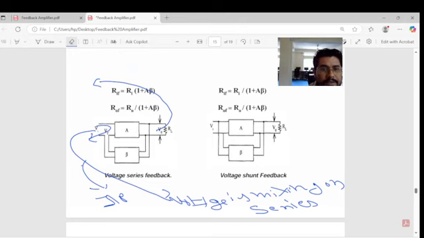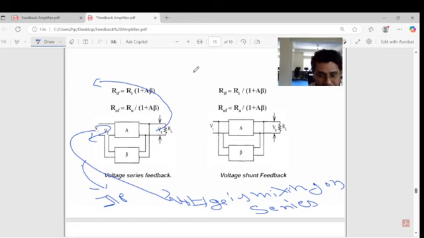At input, voltage series mixing, and at the output terminal voltage is sampling. At the output terminal, voltage is sampling.